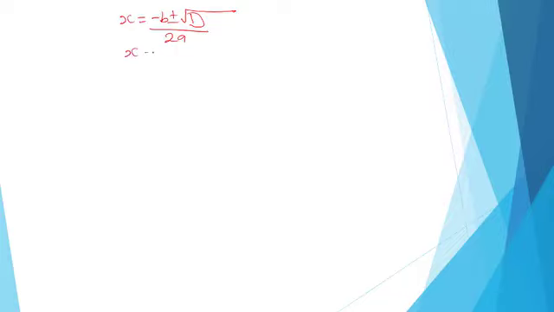So x is equal to minus b plus square root of d over 2a, or minus b minus square root of d all over 2a. These are the two values that give us the answer to this quadratic equation.